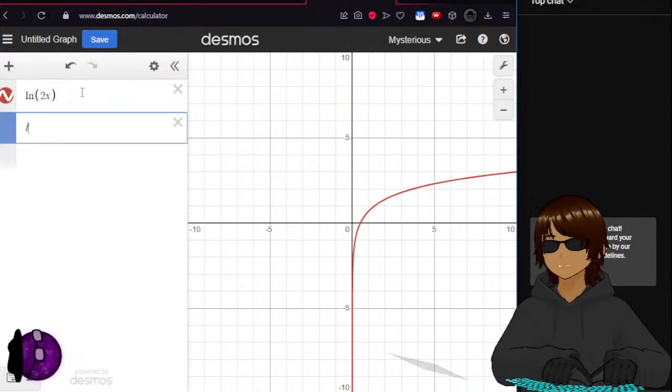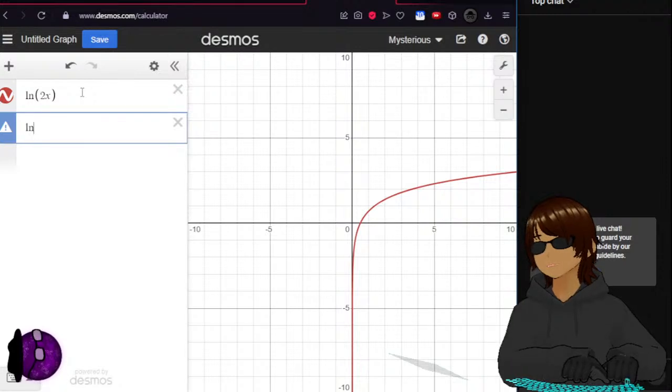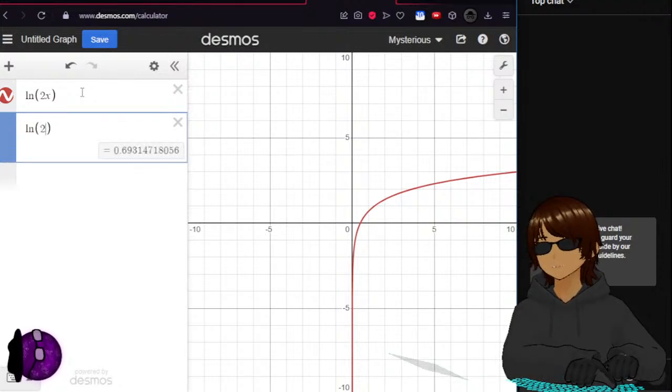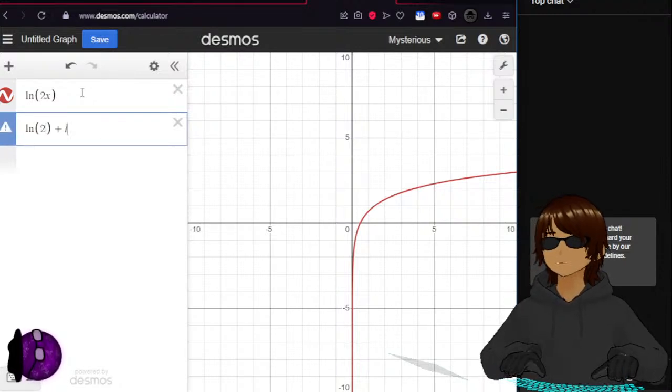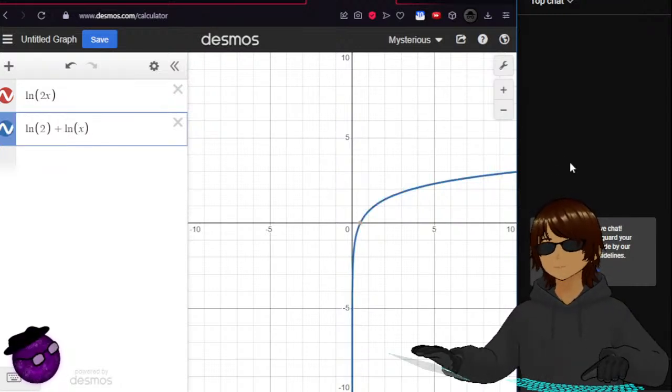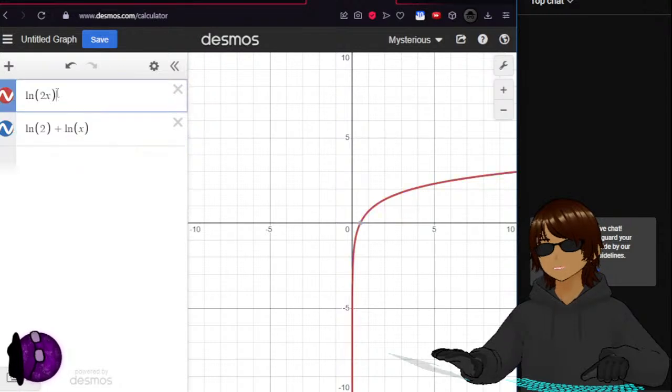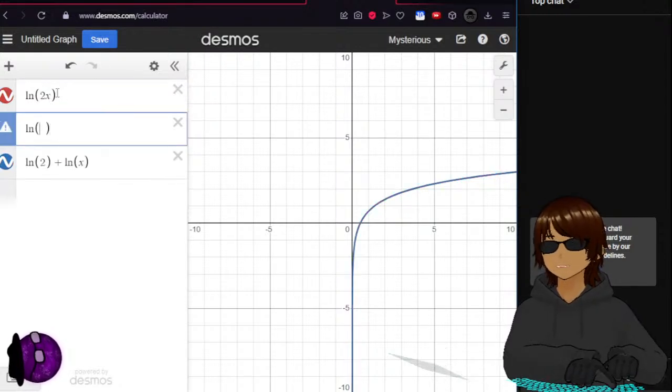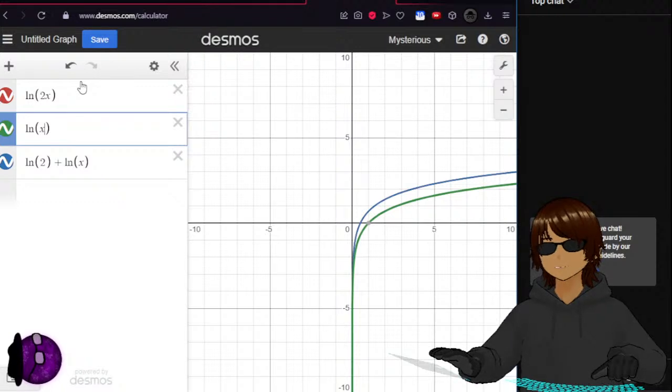Because then this is equal to ln of... yeah. Since this is like the derivative at each point, the gradient at each point will remain the same for both ln of 2x and ln of x.